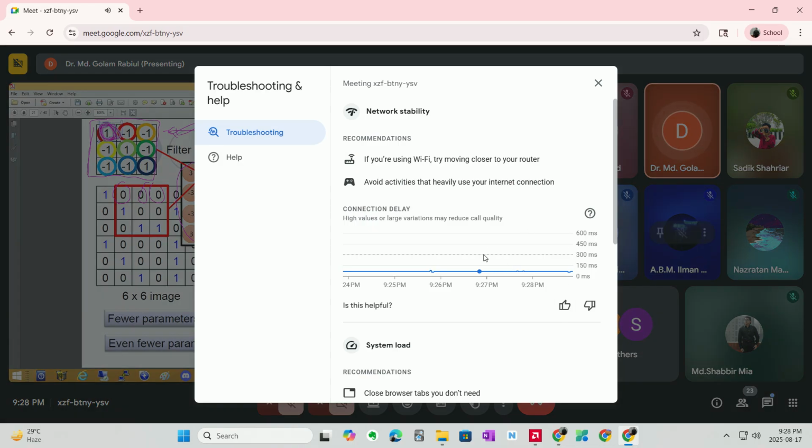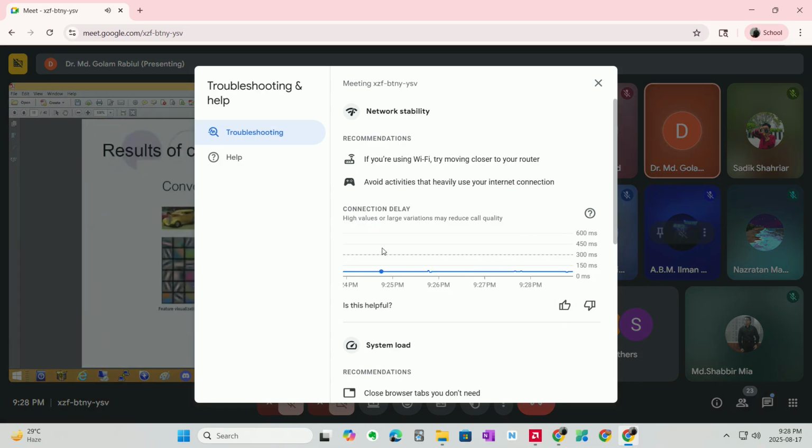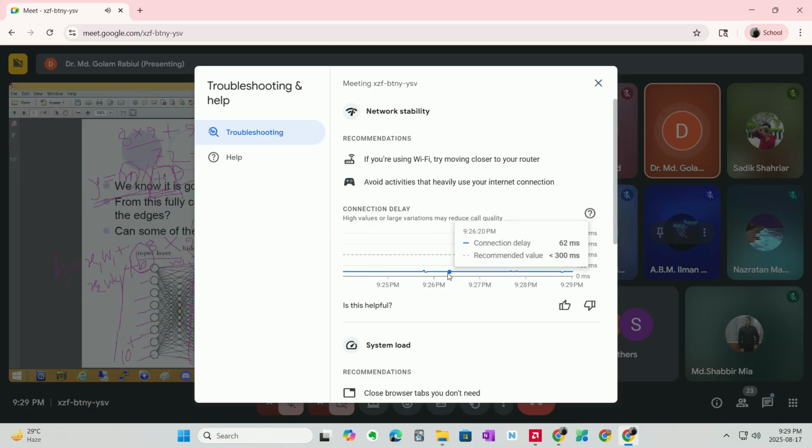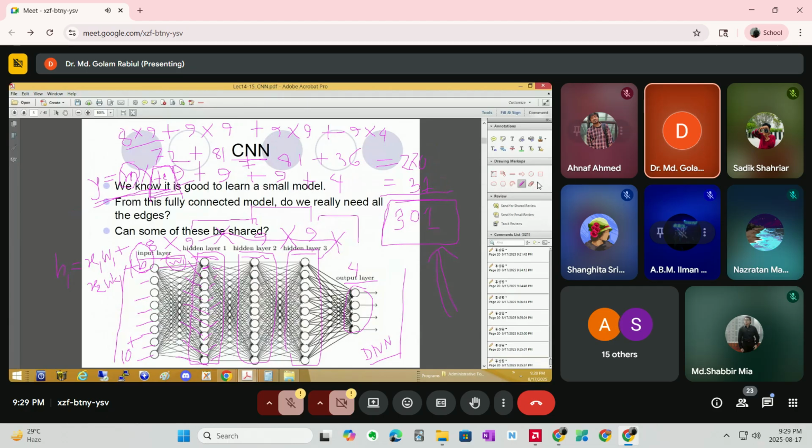But in our deep neural network architecture, we cannot share the weights. Each and every value, you can see this value, we cannot share the weights here. So the weights are different for different connections. That's why here one question we have asked: can some of these be shared? That means the same weight we can utilize to find out different values.